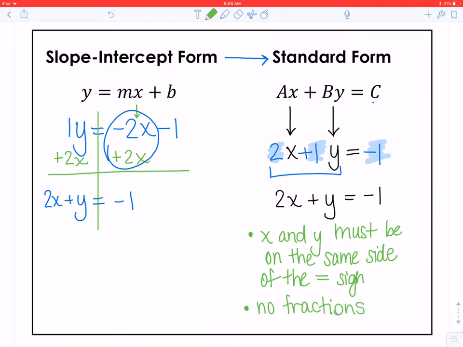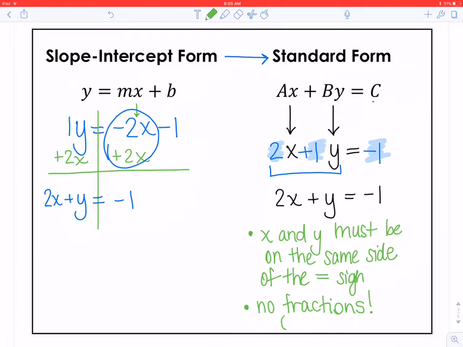None of your numbers can be fractions, and yes, that means also no decimals. Integers only. In this case, our coefficients, 2 and 1, were already integers, and our constant wasn't a fraction either. It was just an integer. So we were fine on this one, but if you had fractions, you would need to remove them.